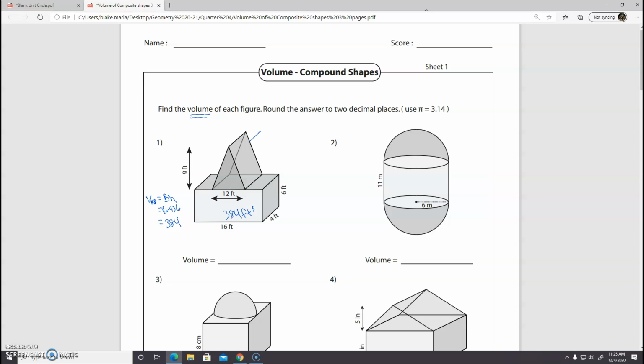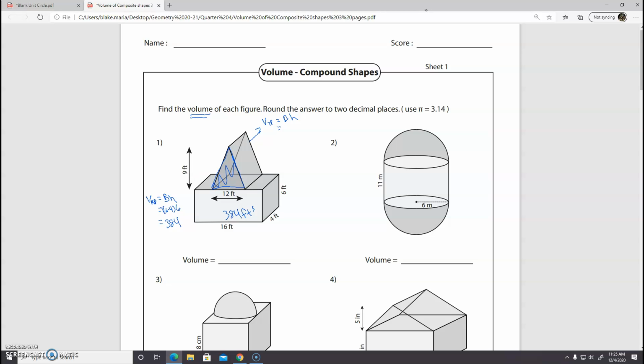Now the triangular prism. The volume of your triangular prism is still the same formula. It still has two bases. Your bases are the triangles. So you have area of the base times the height. In this case, your base is a triangle, right? It's this front triangle and that back triangle, because remember they have to be parallel and congruent.